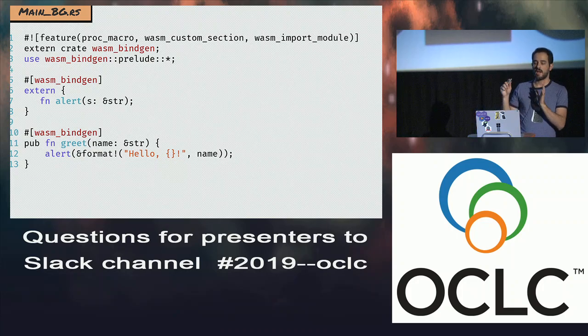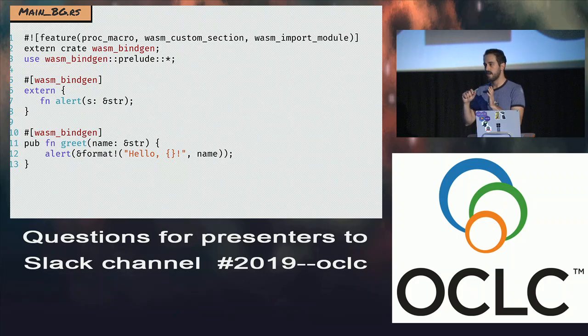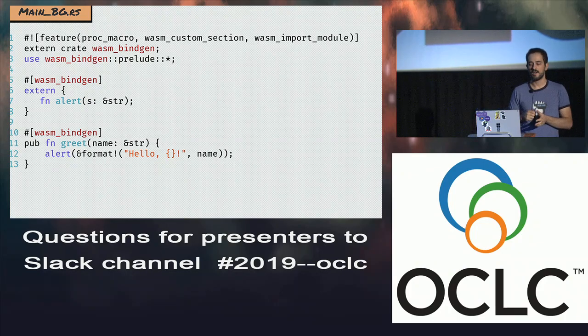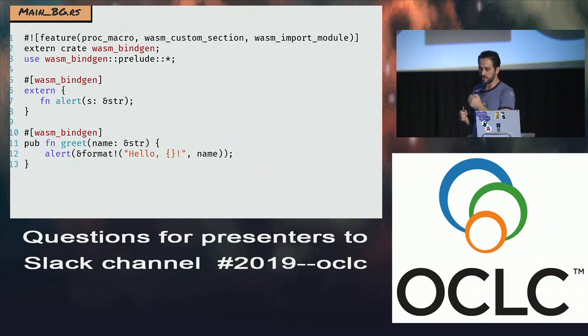So let's take a look at a Rust application. So I have main BG, or bindgen. So this is my Rust file here. So I'm going to have a reference to my WASM bindgen. And I'm going to use that attribute on a couple functions. So we look at line 7.